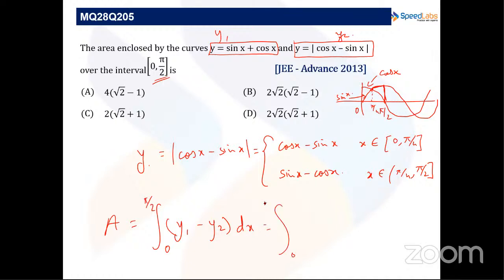So that will be 0 to pi by 4. This is a break function and it is breaking at x equals pi by 4.